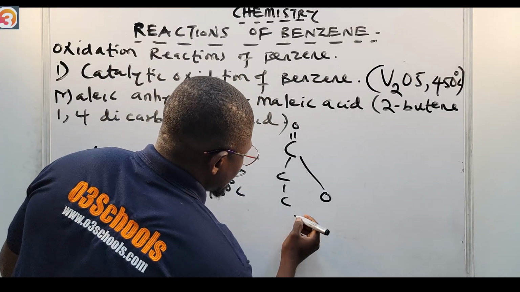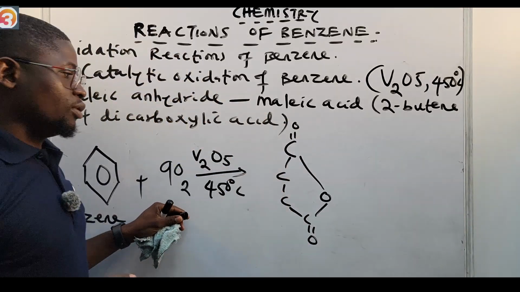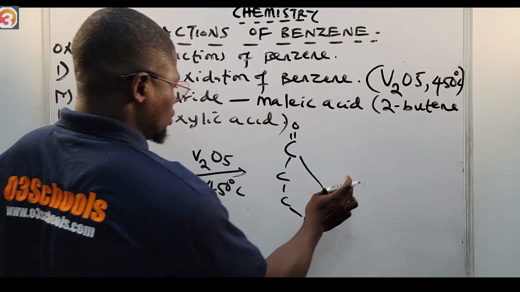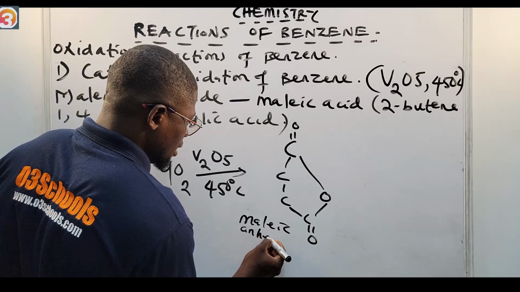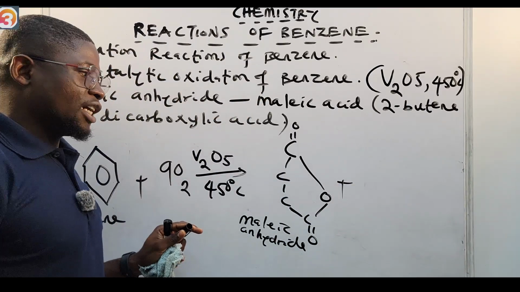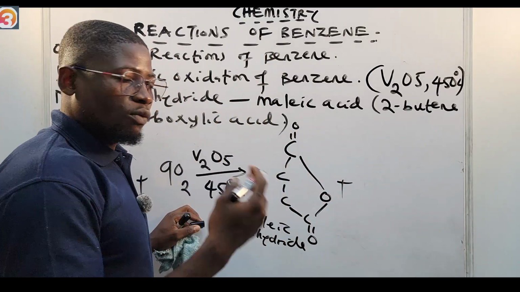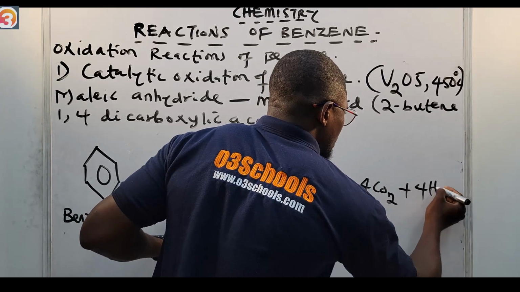So this is C double bonded to O. This is your maleic anhydride. Then of course there are other products of the reaction, that is carbon dioxide and water. I'm going to have 4CO2 plus 4H2O.